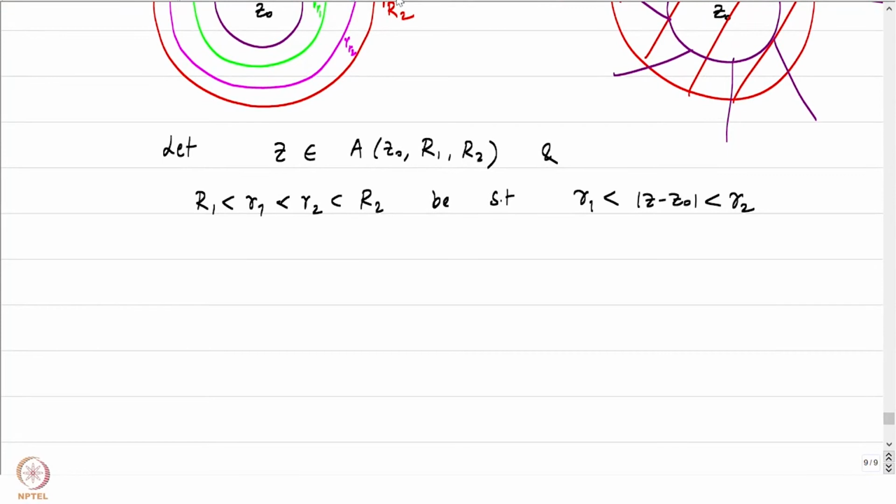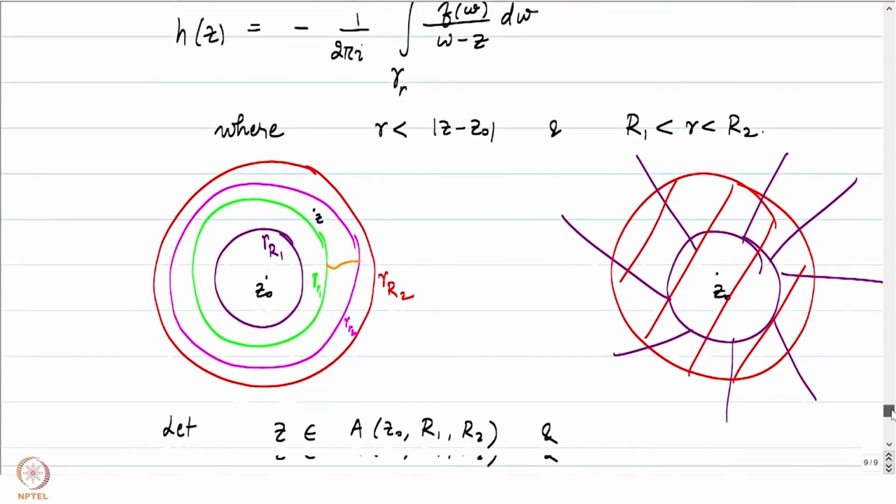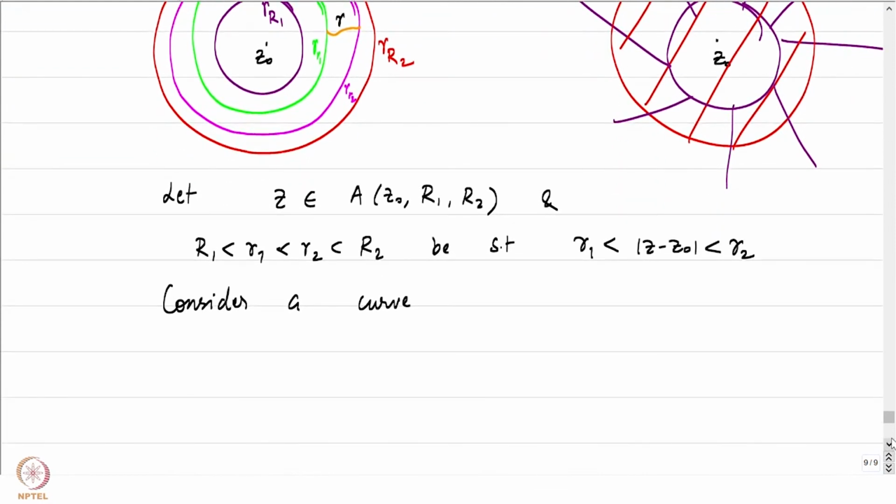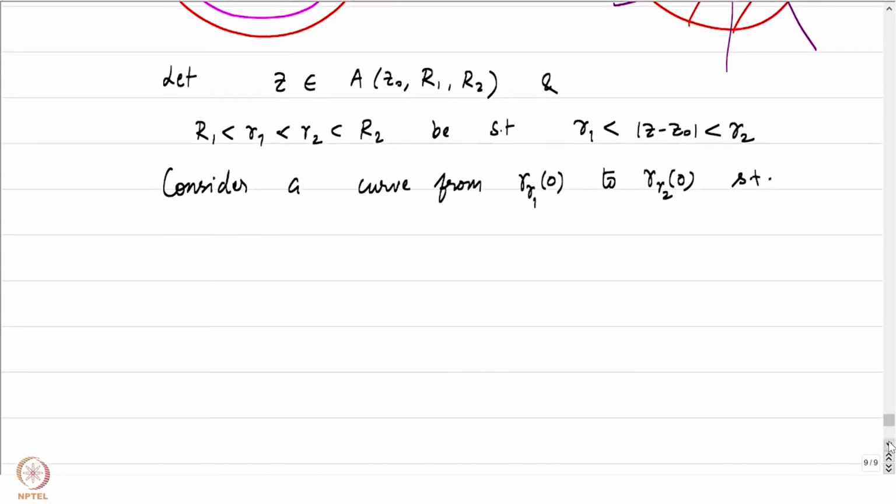Let us now consider a curve. What have I called it? Gamma, right? So let's call this curve gamma, from gamma r1 of 0 to gamma r2 of 0, such that z does not belong to gamma.